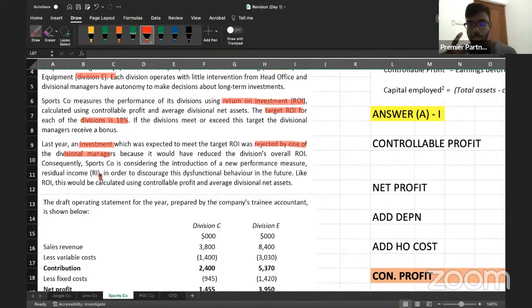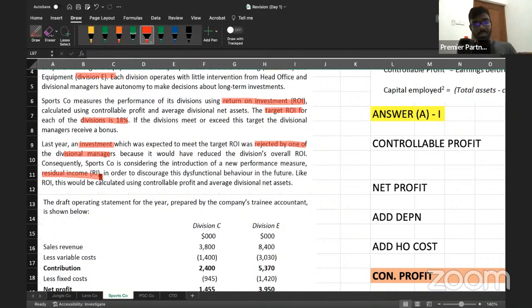People, we know ROI has a major problem, no? What is that problem? It makes the managers selfish. Yeah, managers become selfish because of ROI. Are we clear? ROI is a percentage, and ROI is directly linked to their bonus.